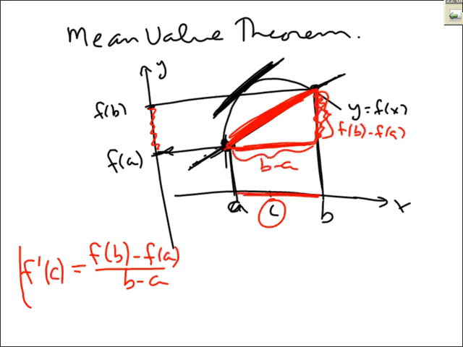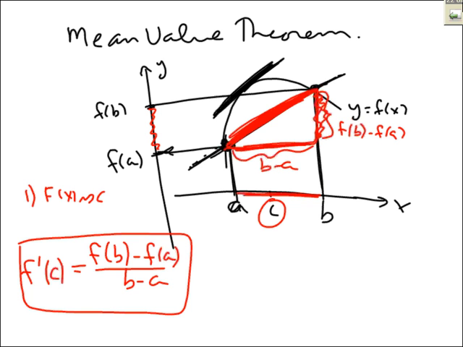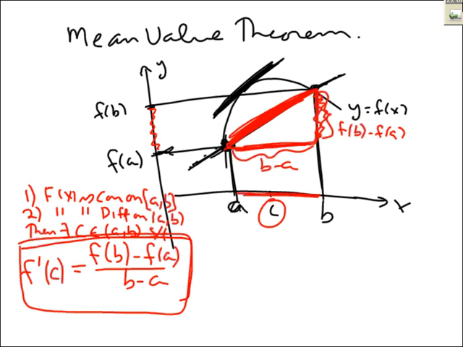Okay, this here is pretty much Rolle. f of x is continuous on the closed interval AB, and f of x is differentiable on the open interval AB. That's it. Then there exists a c in the open interval AB such that this box formula is true.